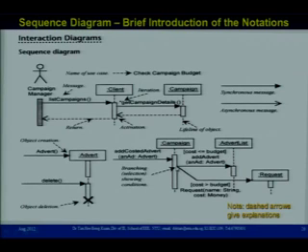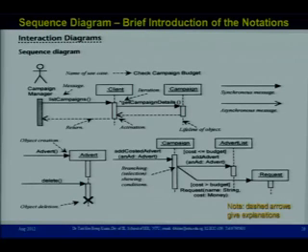I mean, at this point in time, if the cost is less than or equal to the budget, this message will be sent, add effort will be sent. If the cost is greater than the budget, the second message will be sent. So depending on the condition, this is a way to show branching in a sequence diagram.